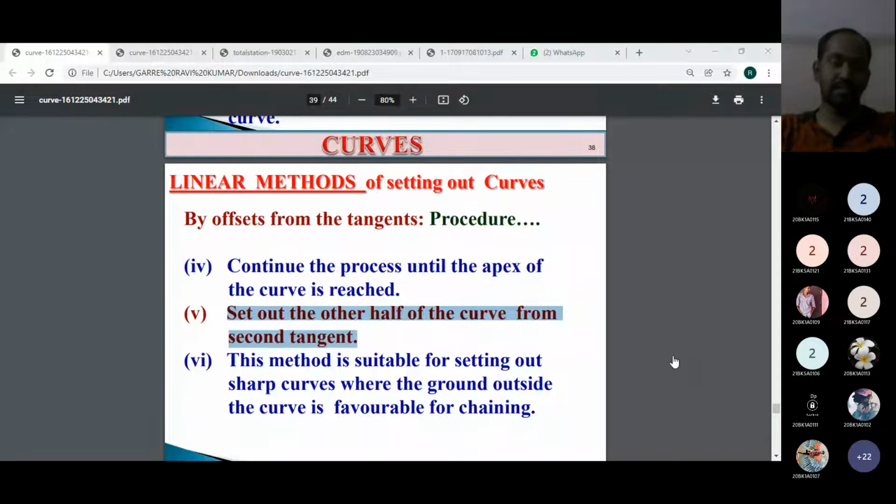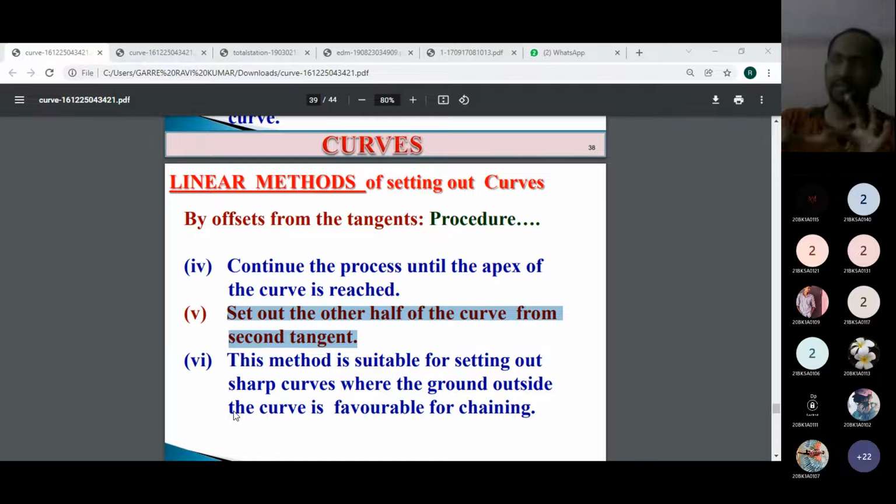Curves: there are two types of curves. One is the horizontal curve and another is the vertical curve. Again, in horizontal curves, two types of curves are there: circular curve and transition curve. One more classification is based upon the combination of circular curves.